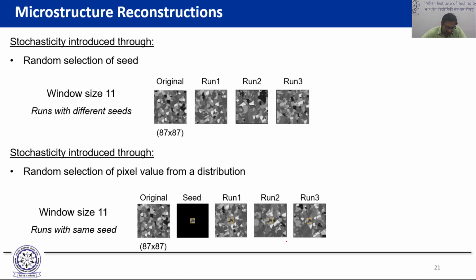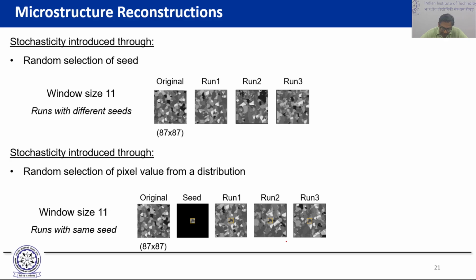That is another way in which you can induce some sort of stochasticity in the microstructure. And remember, when we are inducing the stochasticity, we are also ensuring that even though those microstructures are actually different, they are still very similar to each other in terms of the probability distribution of the different key features. Statistically the microstructures are still the same, even though if you look at the individual pixels or the individual elements, they are going to be different.